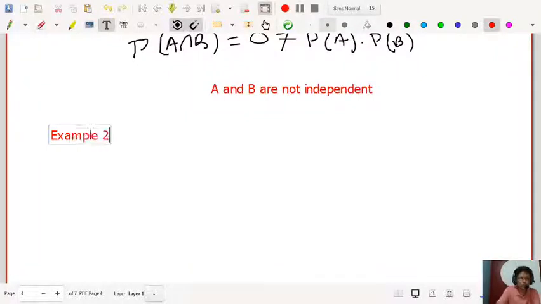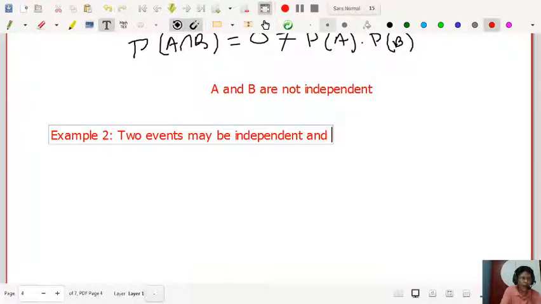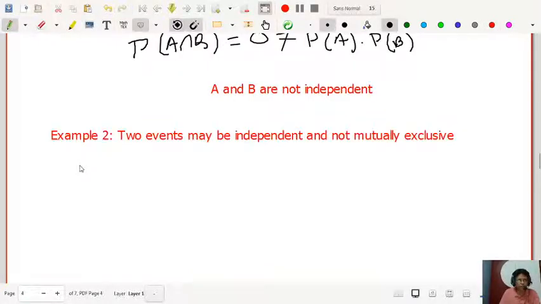The next example will show that two events may be independent and not mutually exclusive. That we have to show. Let us consider the tossing of two dice, or throwing two dice together.